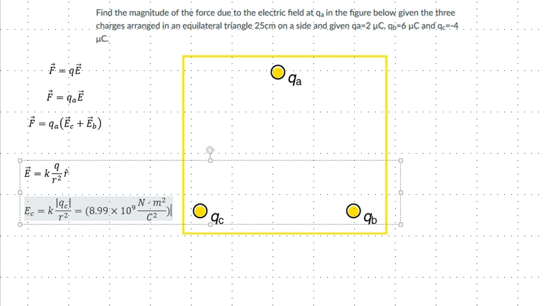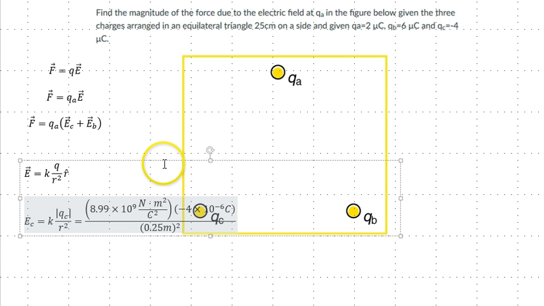QC is minus 4, is it 4? Yes, minus 4 times 10 to the minus 6 coulombs. And then R is 0.25 meters, and that has to be squared.